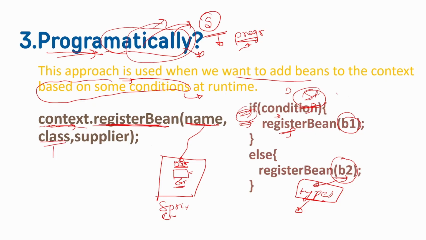The second one is the class whose instance we want to add to the Spring context. And the third one is the supplier function that defines how to create the object.